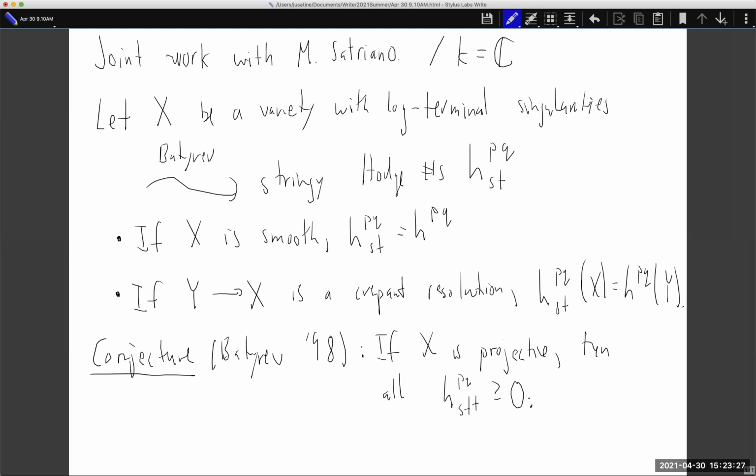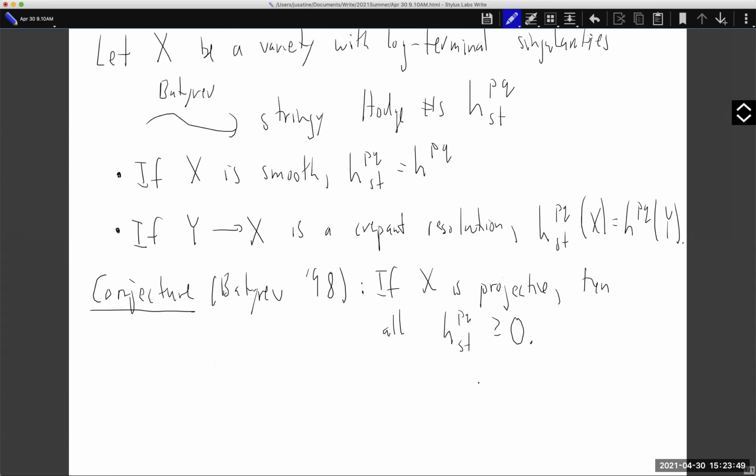I think this conjecture comes out of mirror symmetry, but also by the way that these stringy Hodge numbers are defined, it's really a question about resolution of singularities and birational geometry. So there's some deep open question that is telling you information about the way in which these varieties can be resolved, and it remains open to this day.